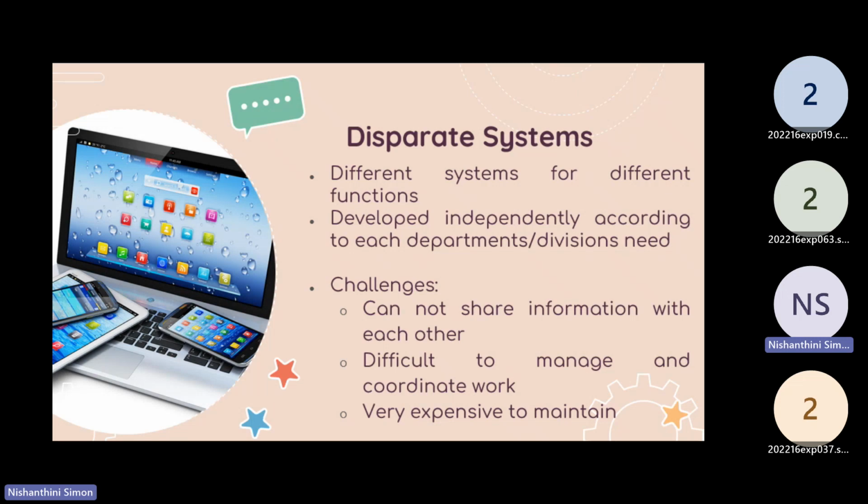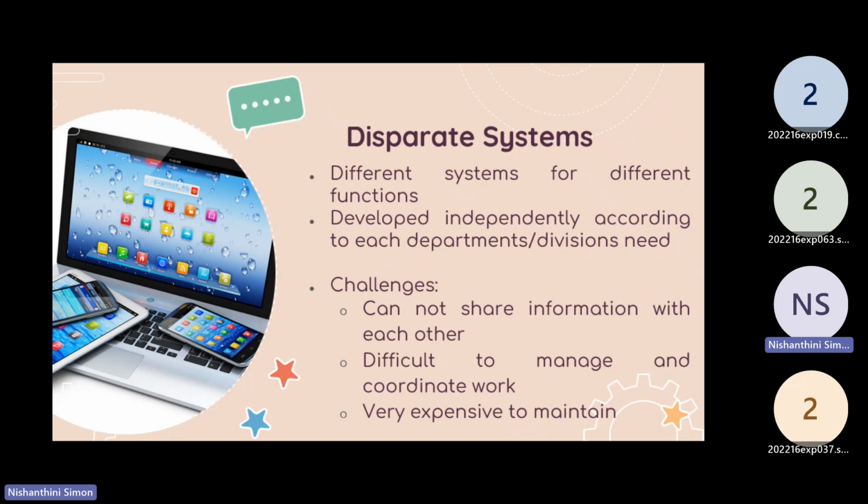So these are individual systems, systems which are independent according to each and every department or division. We know that in organizations there are many divisions and many departments, and together an organization does its business processes.